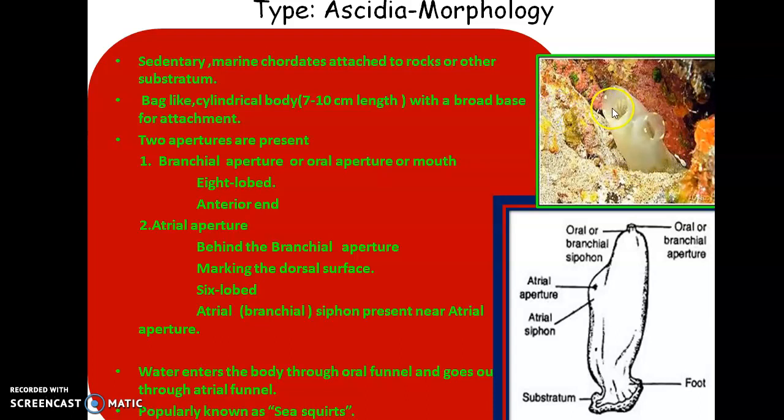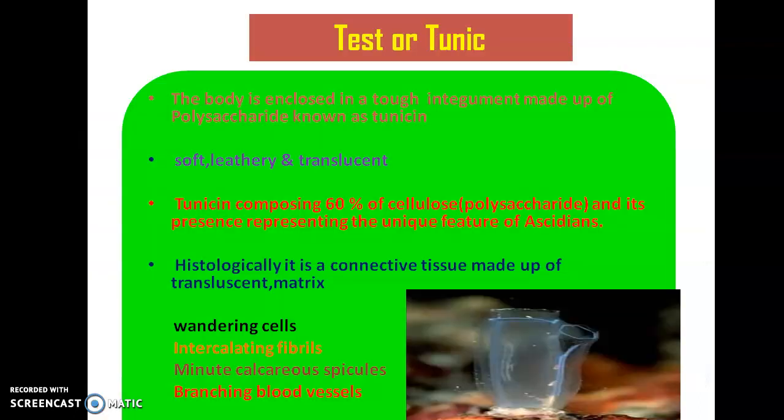So one aperture is concerned with the entry of water and the other with the exit of water, and hence jets of water are expelled from these two apertures, one for entry and the other for exit. So it is popularly known as sea squirts. When you press these regions, you can see jets of water expelled through the two openings, and hence it is called sea squirt. Clear?